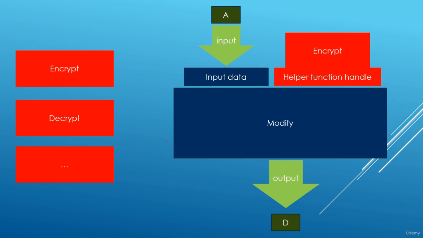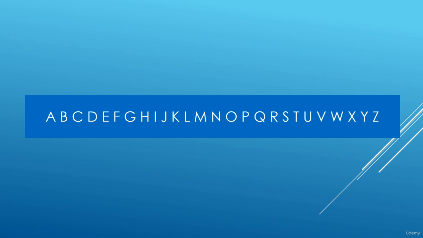Our input may be A, as we see on the top here, and our output is going to be D. For example, if we are doing an encryption by moving a few character slots in the alphabet, we may be adding a 3 to encrypt. If we have A as input, we're going to jump 3 spots and get D as the output here. This may be something we may decide to do in our C++ program.